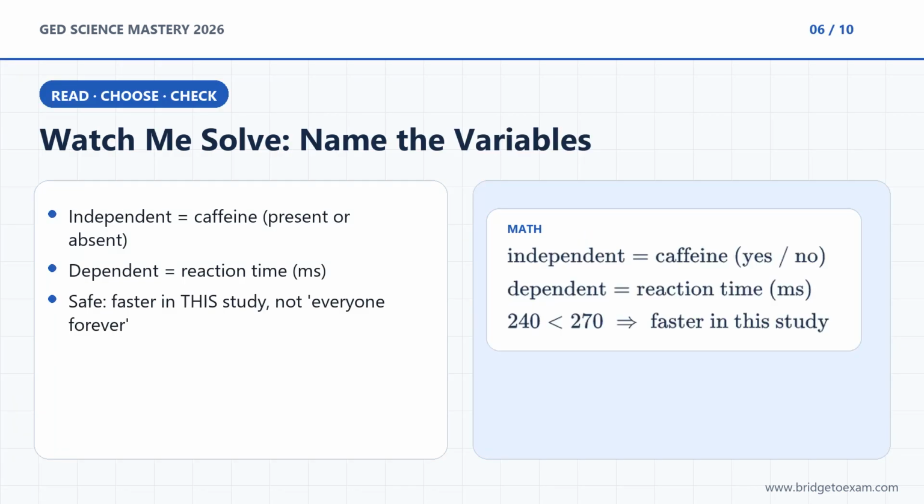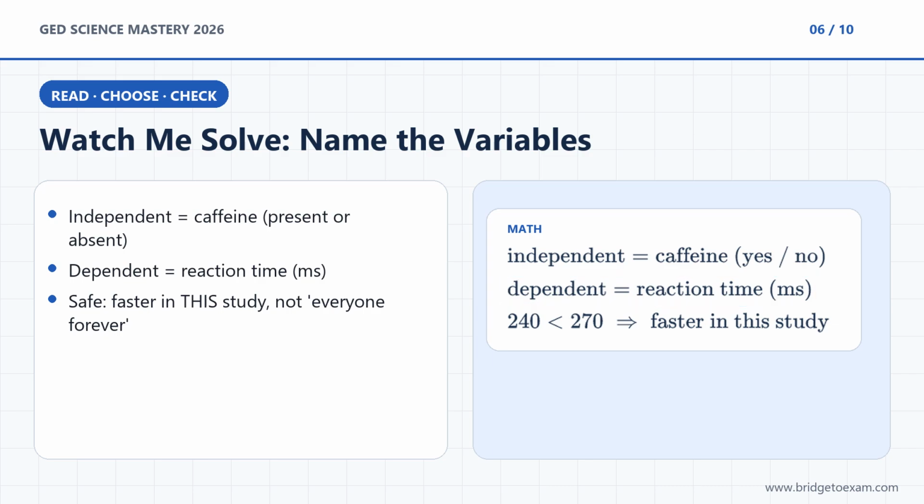Now let's answer the classic question with our method. Name the independent and dependent variables and give the safe conclusion. Read. They changed whether the drink had caffeine and they measured reaction time. Choose. So the independent variable is caffeine, present or absent. The dependent variable is reaction time in milliseconds.